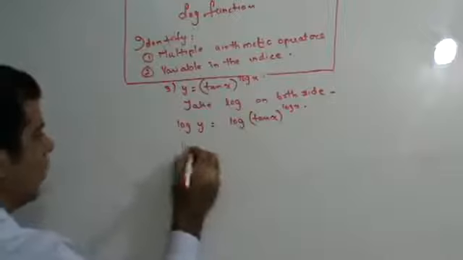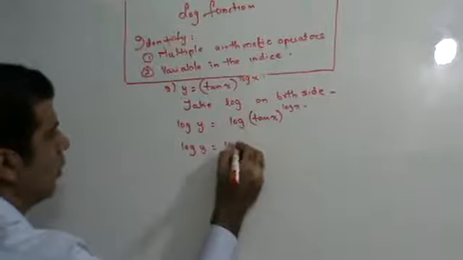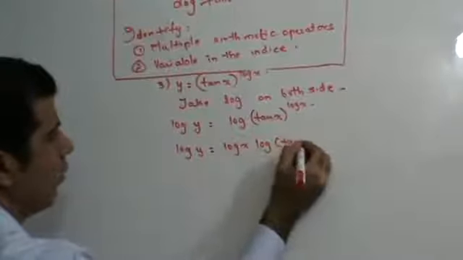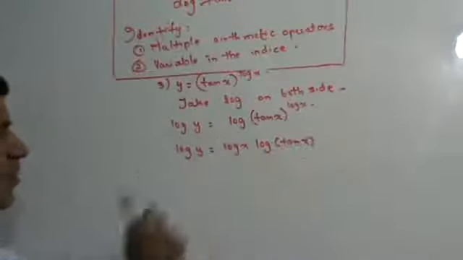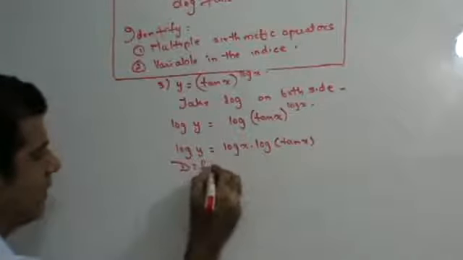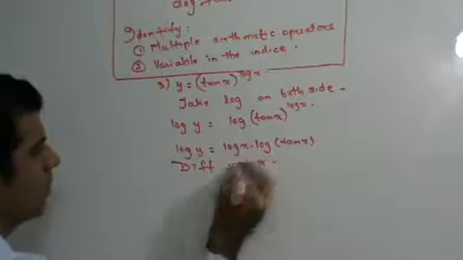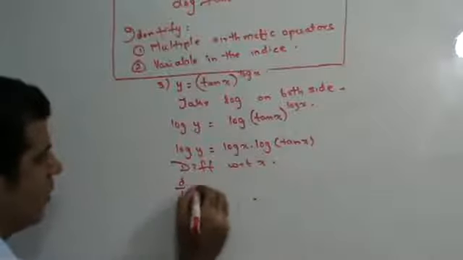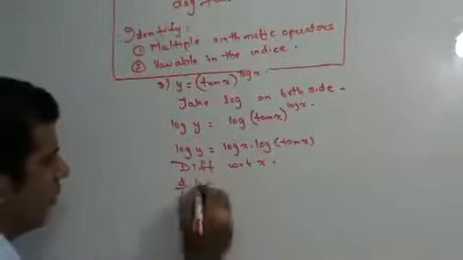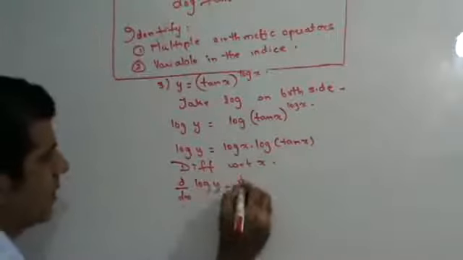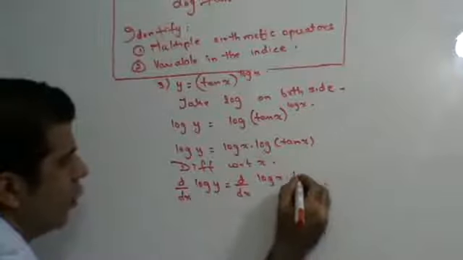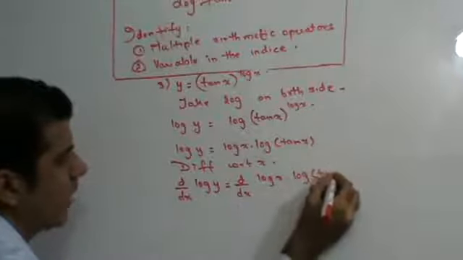So you will get log y is log x log of tan x. Whatever is the number in the indice comes before log. Now differentiate with respect to x. So you will get d/dx of log y is d/dx of log x into log of tan x.